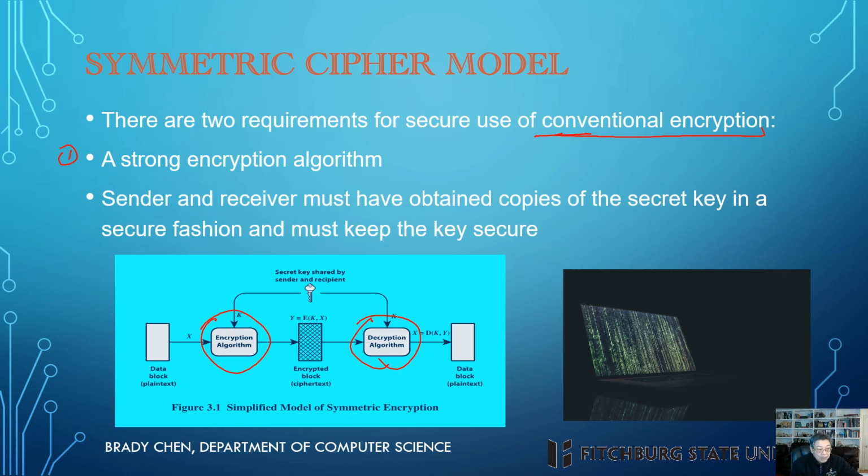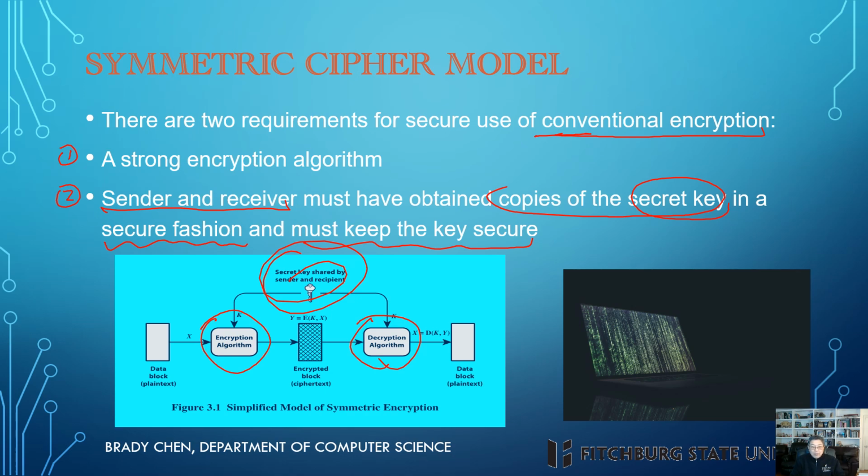We're going to talk about what a strong encryption algorithm means later. Two, the sender and the receiver must have obtained a copy of the secret key in a secure fashion and must keep the key secure. So how to maintain the key and make it secure.